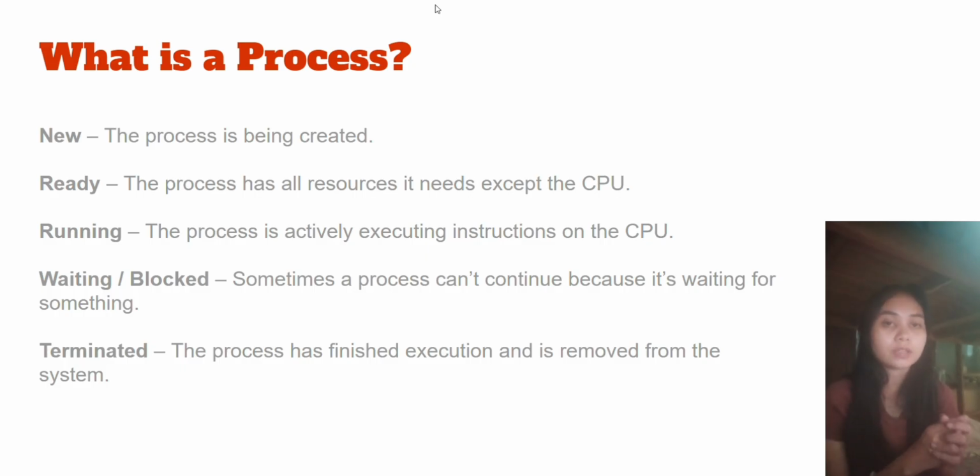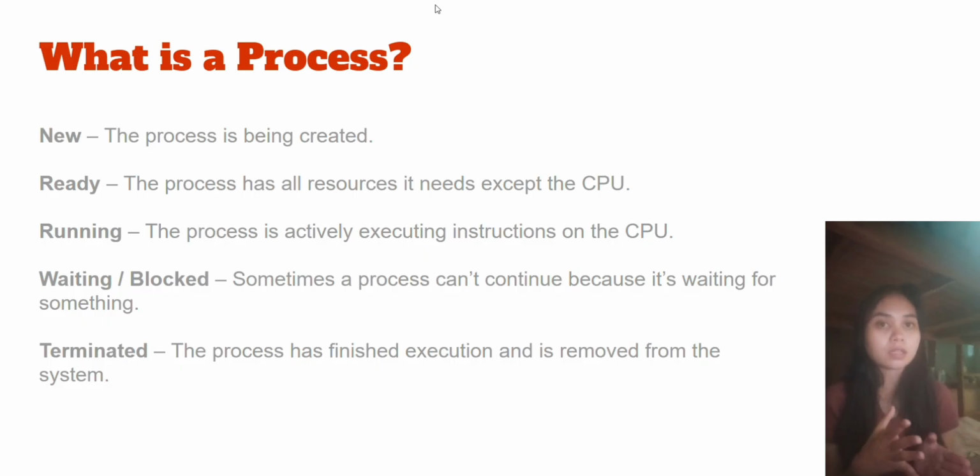The third one is the running state. The process is actively executing the instructions sa CPU. Only one process per CPU core can be running at a given time. The next one is yung waiting or blocked state.